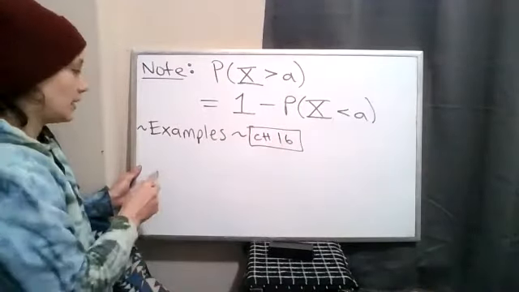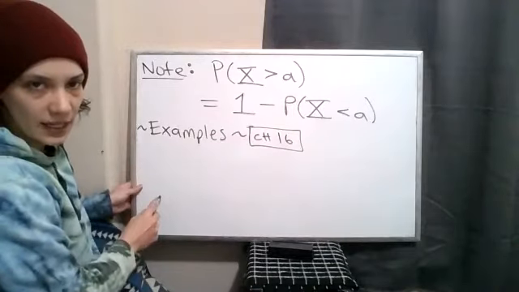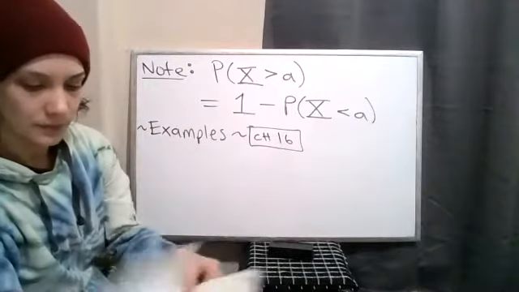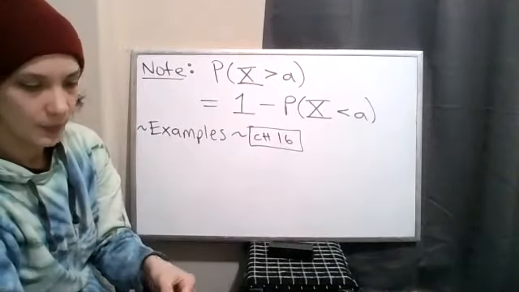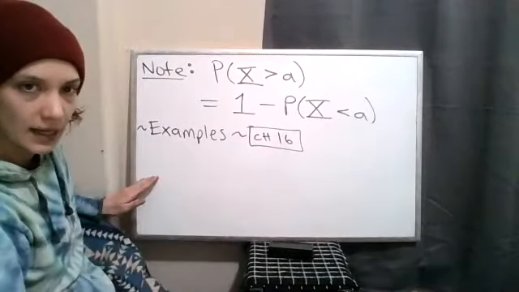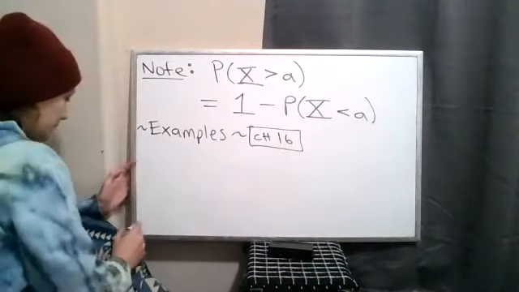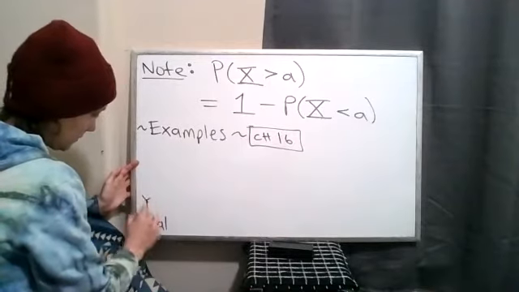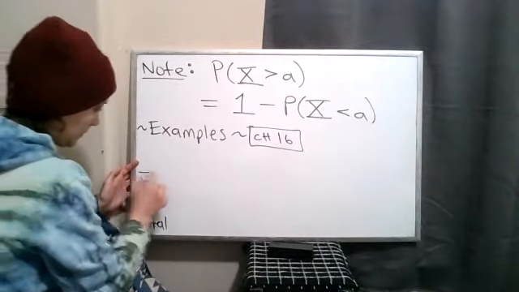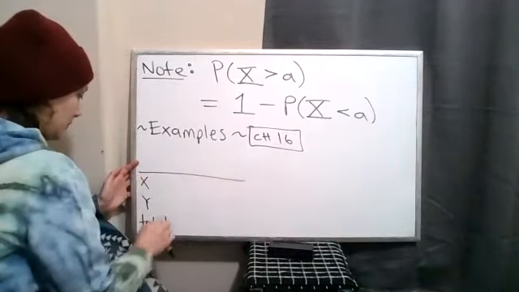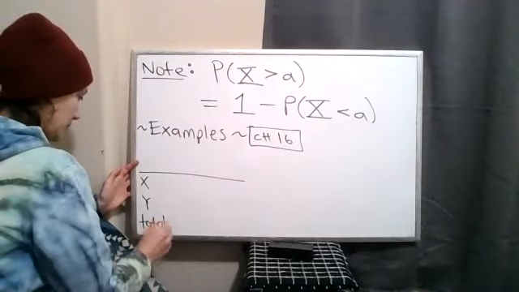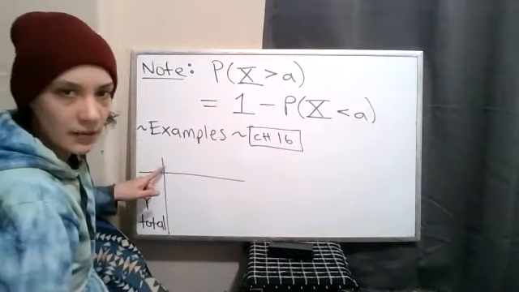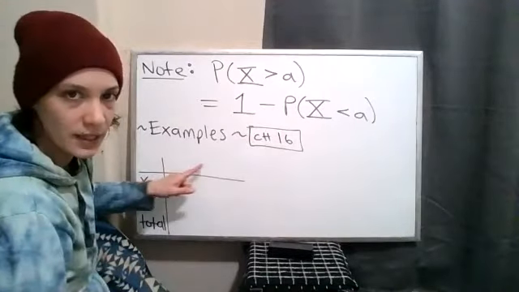And we're going to have a table sitting on the side with x, y, and the total. And other events are A, B, C.